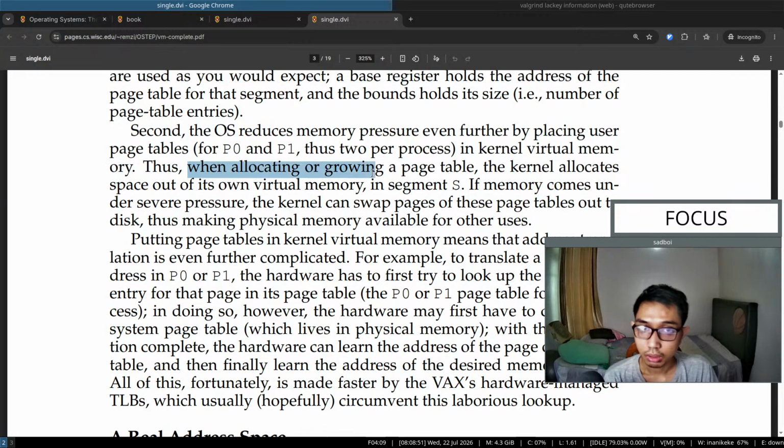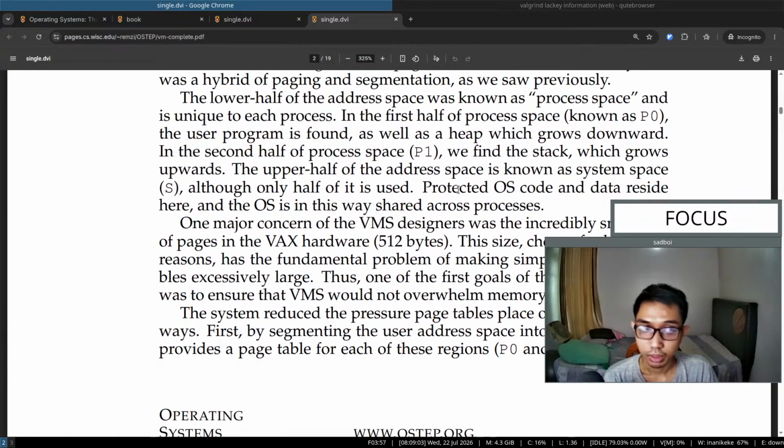Thus, when allocating or growing a page table, the kernel allocates space out of its own virtual memory, in the segment known as the system space.